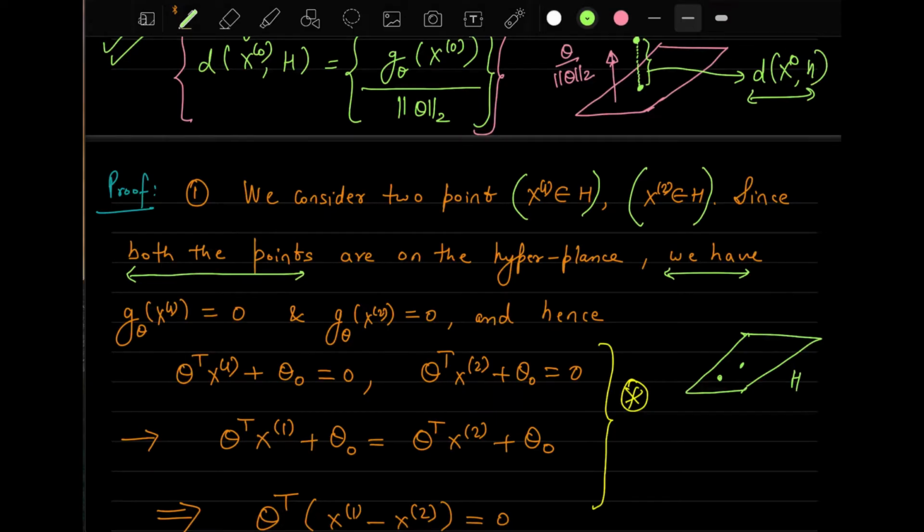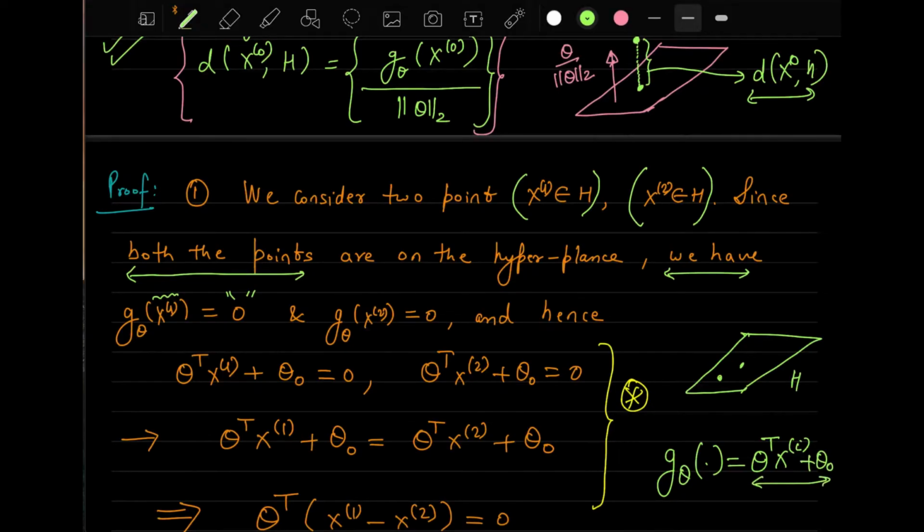Since both the points are actually on the hyperplane, we can substitute these points into the equation of the hyperplane and set it to 0. You know that g(theta) is basically given by theta transpose xi plus theta 0. So this is the equation of the hyperplane.